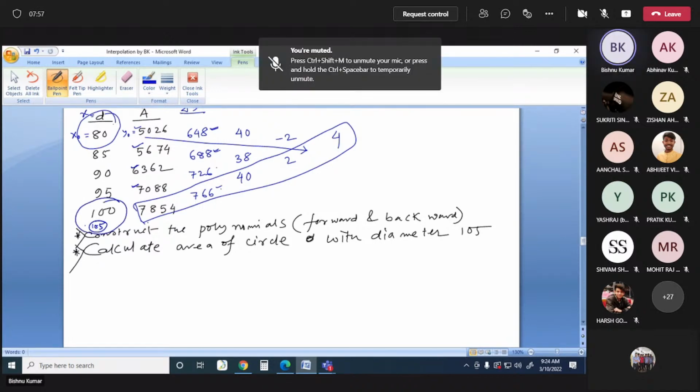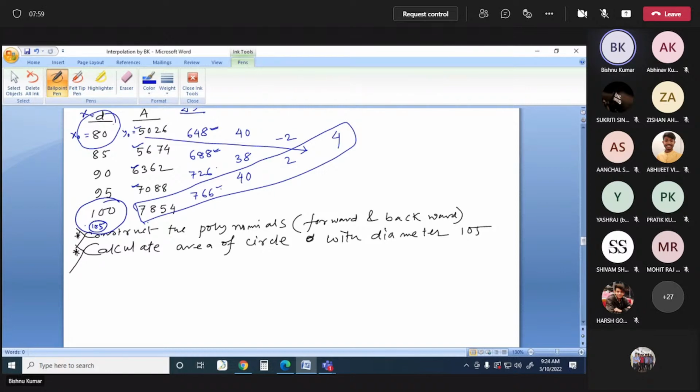That is why I am telling you again and again, if the asking point, the query point, is lying in the beginning neighborhood, you will use Newton forward interpolation. If the asking point is lying at the ending neighborhood, you will use backward interpolation. Then you will get less error and a better approximate value. That is the scientific logic. Okay.